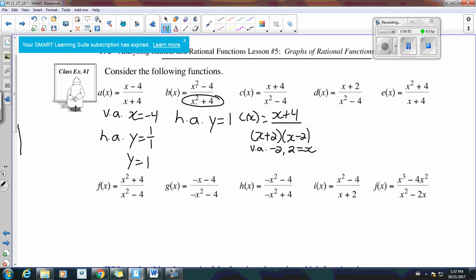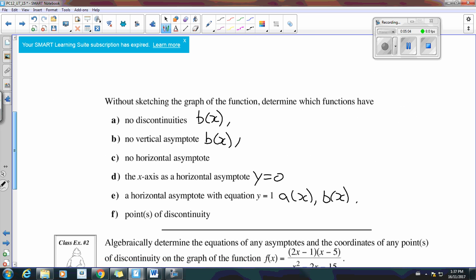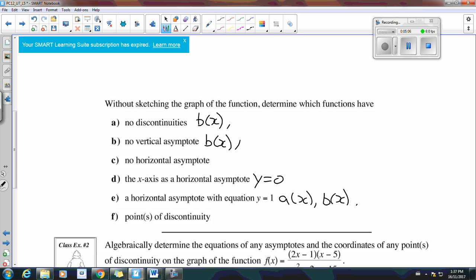And then I need to check for a horizontal asymptote. Well, the degree of my numerator is 1, which is less than the degree of the denominator. So that tells me there is a horizontal asymptote of y equals 0. So where does that fit here? Well, it has discontinuities because it has vertical asymptotes. And it has a horizontal asymptote of 0. So C goes here.